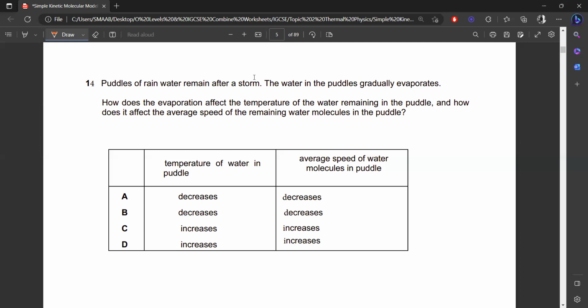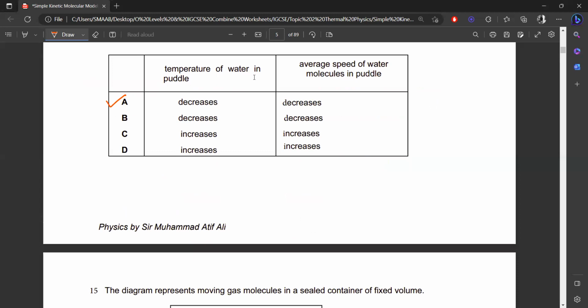So the temperature of water in the puddle will decrease and the average speed of water molecules in the puddle will also decrease, right? Because some of them are going to evaporate into the atmosphere. That's why the temperature will decrease and the speed will also decrease, right? Yes.